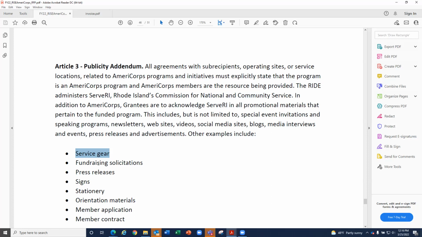in recent times, sweatshirts or fleece vests and hats and additional things to augment what our subgrantees are doing in terms of uniform parts. It can also mean, for example, if an Americorps member is frequently in a classroom or a community room where they do their service, that there's a sign on the wall acknowledging that Americorps service is taking place there.